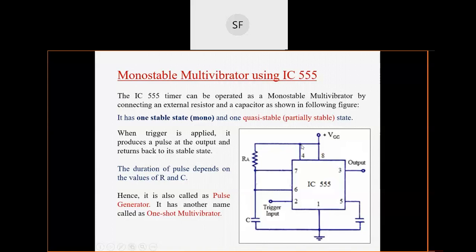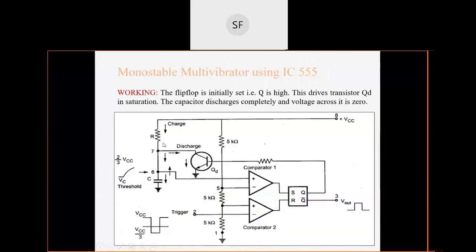You can observe it in this diagram also. Pins 4 and 8 are shorted, they are simply connected, so this point is equal to this point. So the resistor is connected between pin 8 and pin 7. The same is done in this diagram also.